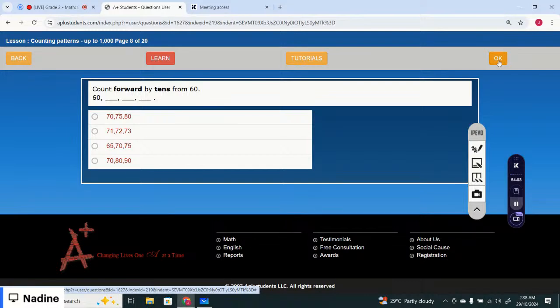That is 70, 80, and 90. The last option is the correct option.